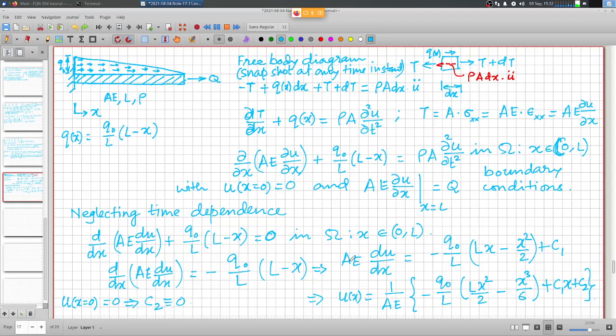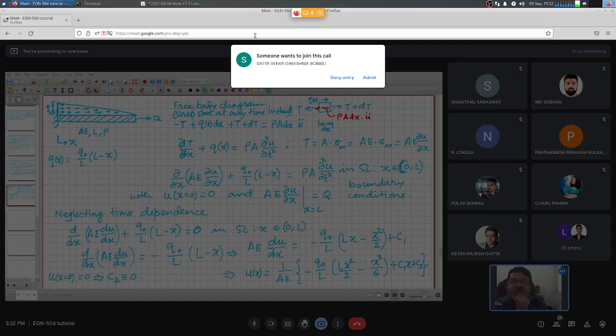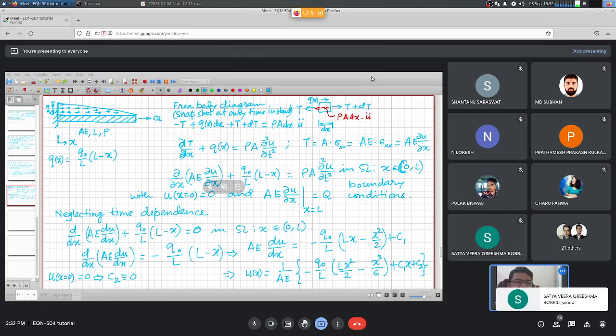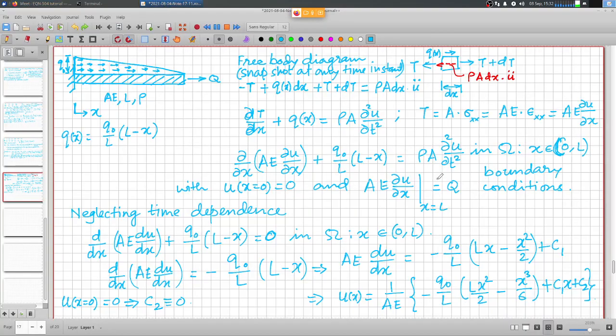And similarly, AE du by dx at x is equal to L should be equal to Q. So that leads to the second boundary condition, the second boundary term.